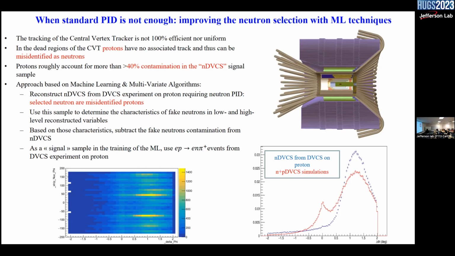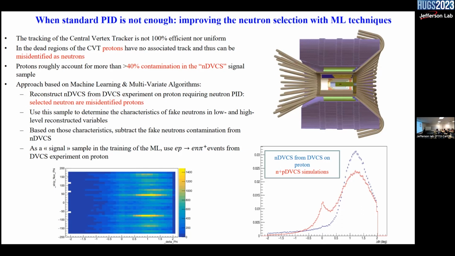For the signal, we needed to have pure, clean neutrons. To do that, we took data taken with a hydrogen target and a final state with electron, neutron, and pi plus. Because in this case, you are sure that you really have one neutron. And we made sure that the neutron was hitting in the region of the central neutron detector. Instead, for the protons, that was cool, actually.